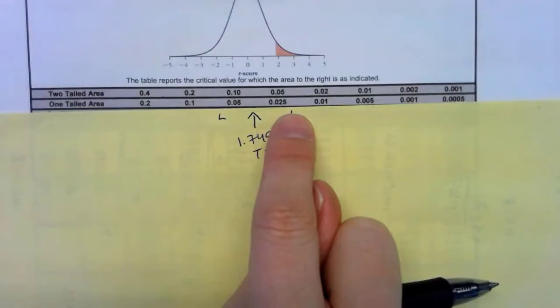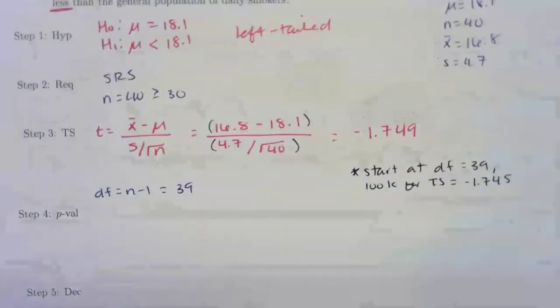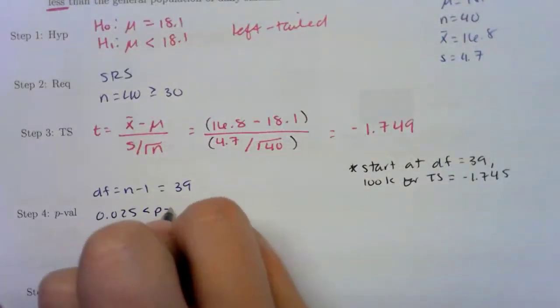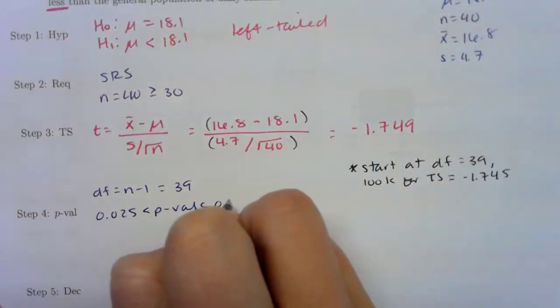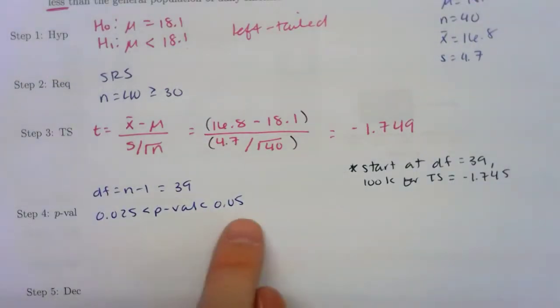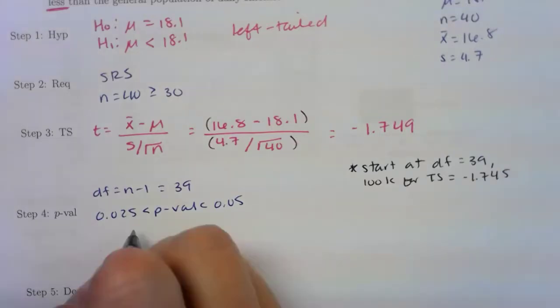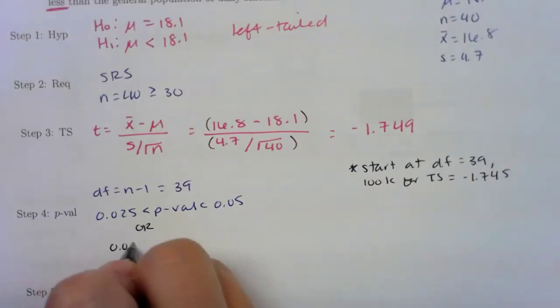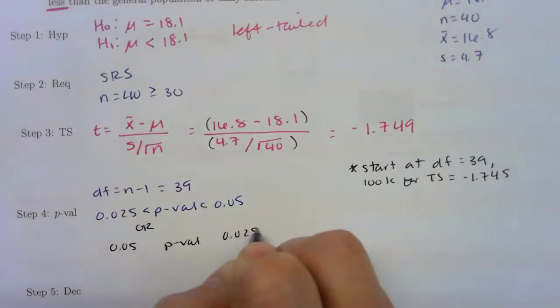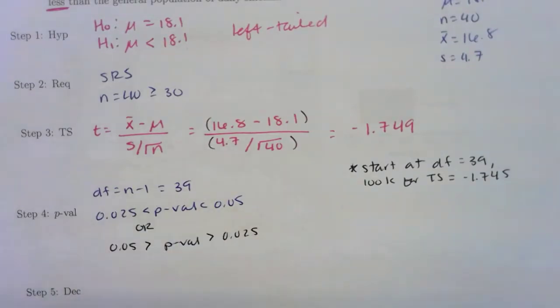There are two ways you can write this. You can flip those numbers and write them smallest to largest, so our p-value is between 0.025 and 0.05. Or if you don't like flipping those numbers, you don't have to, you just have to flip your sign.